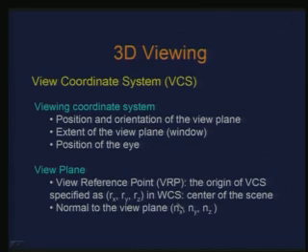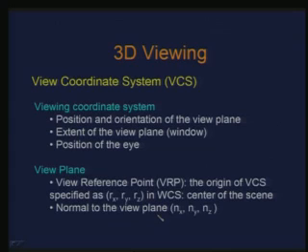Now, this could be given as the center of the scene. I can consider the center of the scene to be the VRP, or it could be any point defined by the user. So, all VRP is doing is telling you where the origin of the viewing coordinate system is with respect to the origin of the world coordinate system.